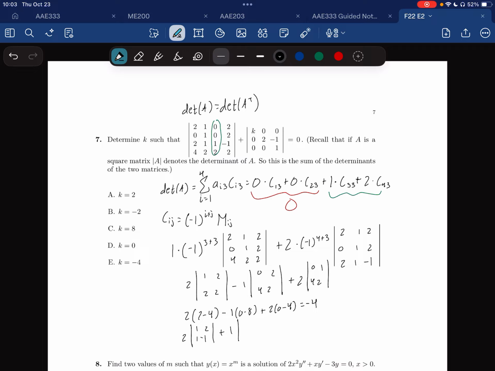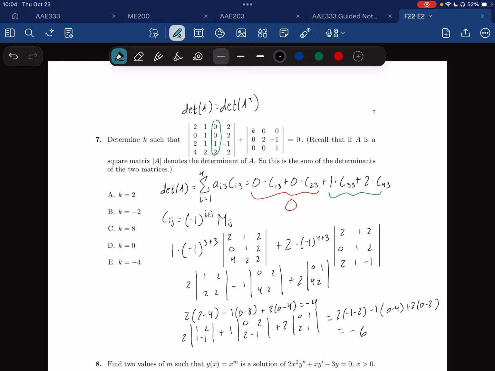Plus 1 times the determinant of 0, 2, 2, -1, plus 2 times the determinant of 0, 1, 2, 1. And this is going to be equal to 2 times (-1 minus 2), minus 1 times (0 minus 4), plus 2 times (0 minus 2), equal to -6.